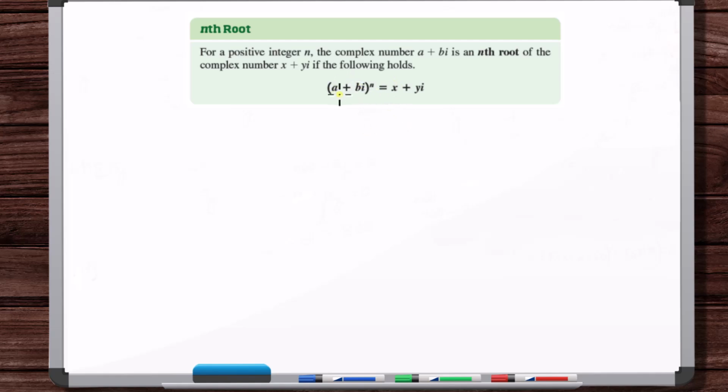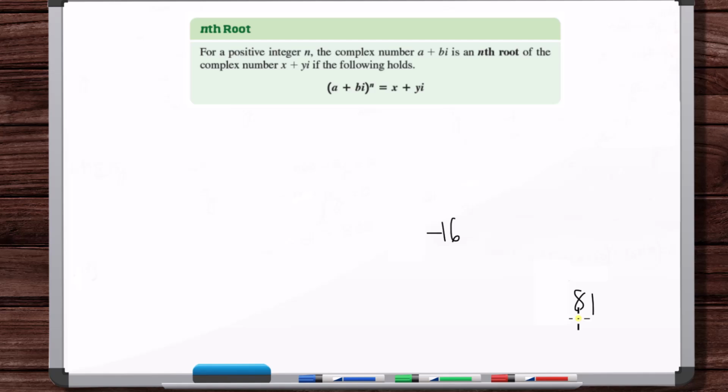Well, that means that a plus bi is an nth root of x plus yi. That's what it means. What we know as a result of how complex numbers are defined is that the nth root of any number in mathematics, so any complex number, pure real number, or one with an imaginary component, it could be the nth root of negative 16, it could be the nth root of 81, whatever, the result is that there are going to be n complex roots.